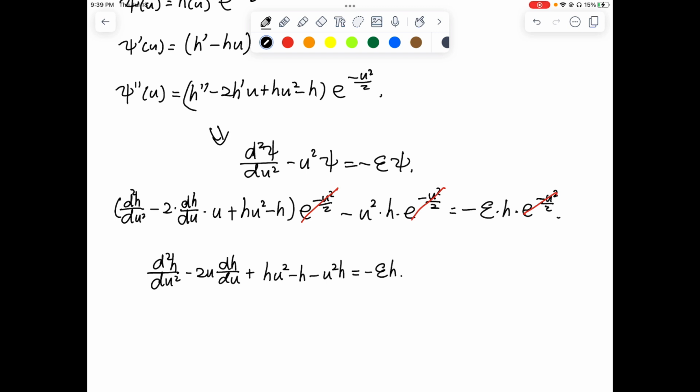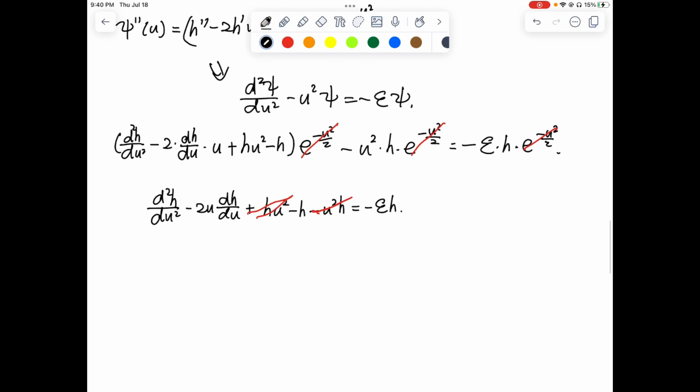You can see again we can cancel out these two terms, because plus this term minus this term is just 0. And let's also move everything to the left side and factor out h on the last two terms.